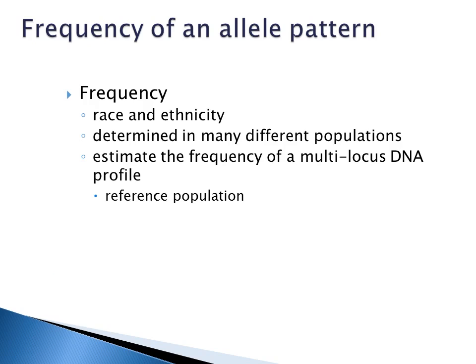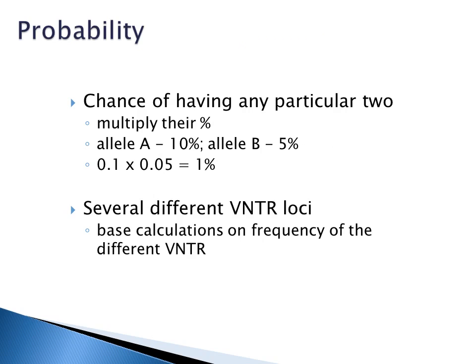So what you're figuring out is the frequency of an allele pattern. The frequency is going to vary between race and ethnicity. It's determined in many different populations, and you can estimate the frequency of a multi-locus DNA profile, and this is based on a reference population. You're determining probabilities, so the chance of having the same profile at two different loci.